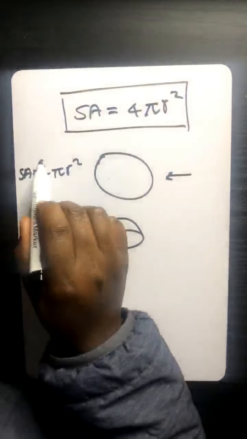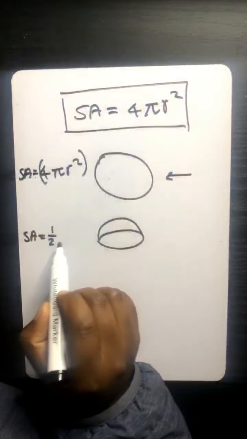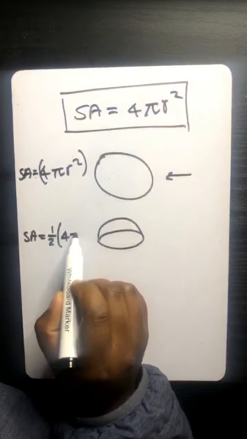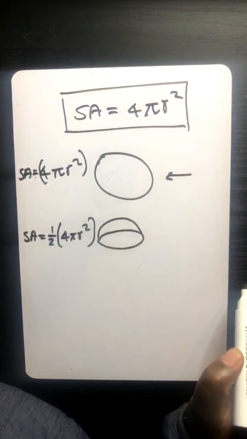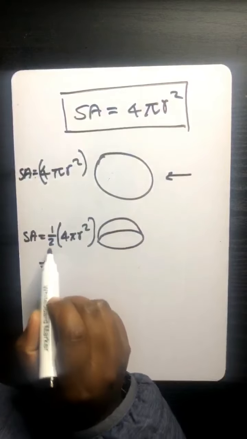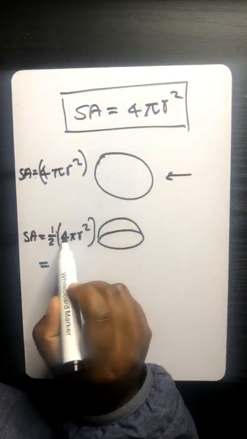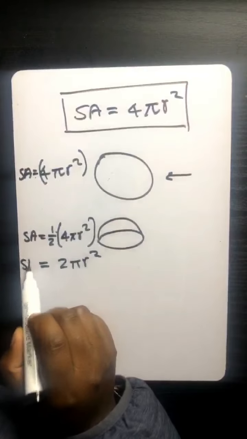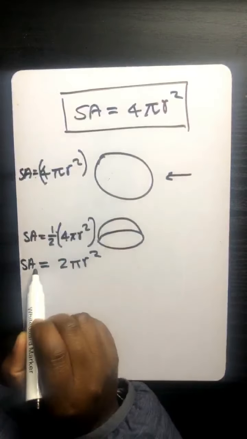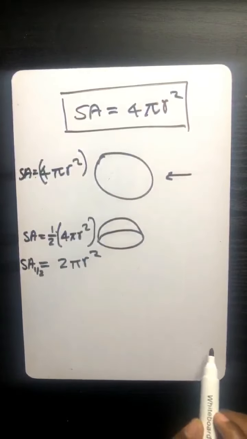So if this is the formula for the surface area of a sphere, we are dealing with half of a sphere. I'm not sure, guys. Are you now understanding what the honorable member was saying there? So obviously, if we simplify this, we end up having 4 over 2. What is that? Is it not 2 pi r squared? Therefore, this is the surface area of a semi-sphere. Are you guys happy there?